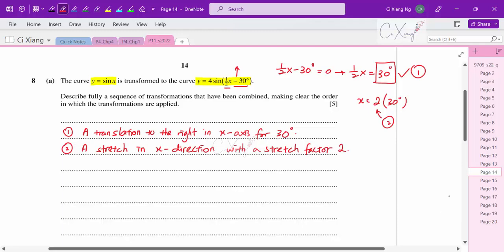That's our second transformation. And after that, you can see that we are multiplying a 4 outside the sine function. So when we multiply a 4, it is a stretch in the y direction. So we can write it this way: a stretch in the y direction with a stretch factor 4.